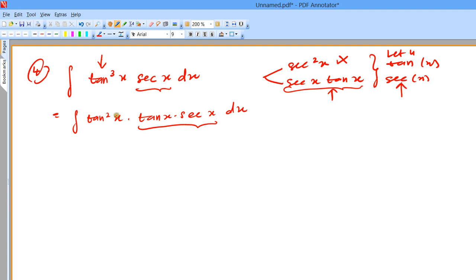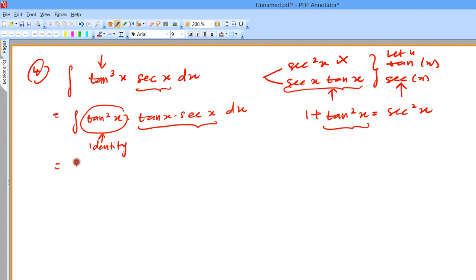But now we have tangent square x. So how to write tangent square x in terms of secant? We can use an identity: 1 plus tangent square x equal to secant square x. So tangent square x equal to secant square x minus 1.